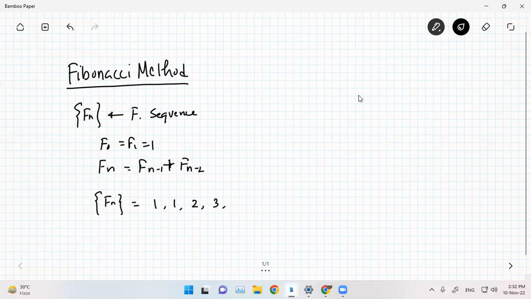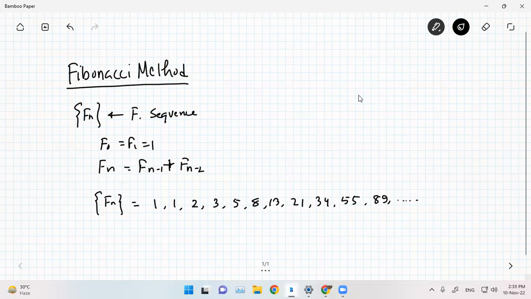Then 3 plus 2 is 5. 5 plus 3 is 8. 8 plus 5 is 13. 13 plus 8 is 21. 21 plus 13 is 34. 34 plus 21 is 55. 55 plus 34 is 89, and it goes on. So this series is known as the Fibonacci series, sequence, or Fibonacci numbers.